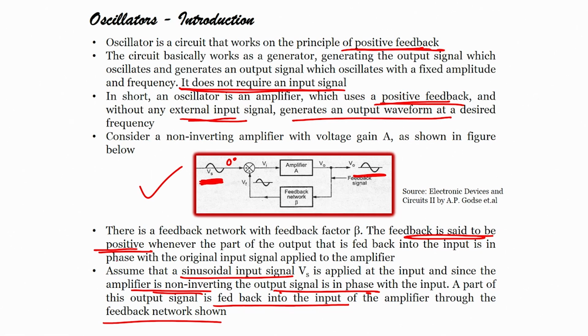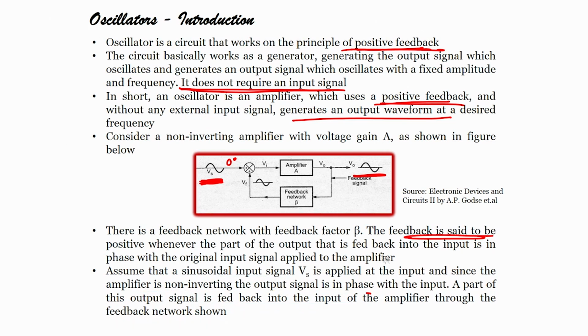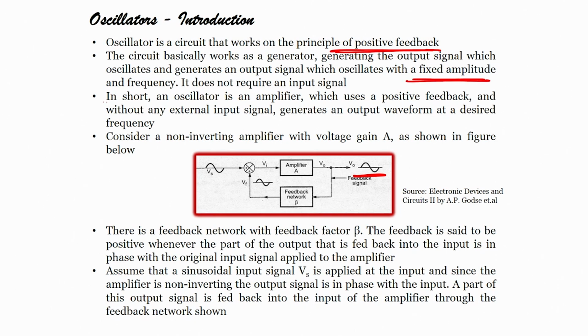So, let us quickly see once again what this slide shows us. It shows a few important points. One is that the oscillator uses positive feedback. Second is that the oscillator is a circuit that generates a signal with a fixed amplitude and frequency.